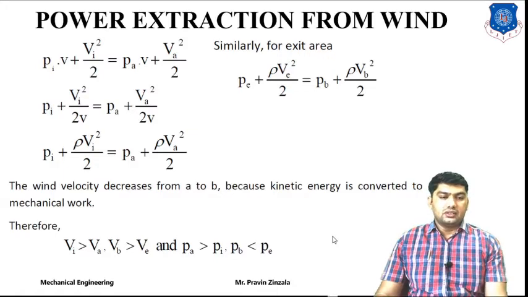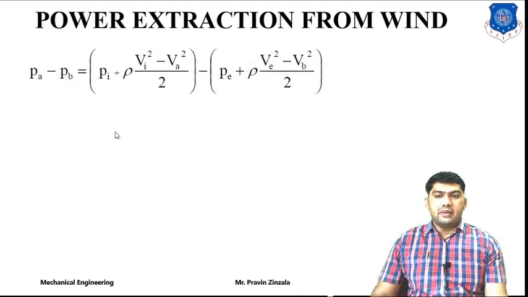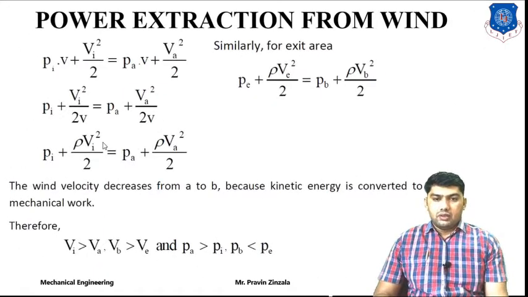The same we can also discuss in the diagram of pressure versus distance and velocity versus distance. So from this, our main purpose is to find out PA minus PB.